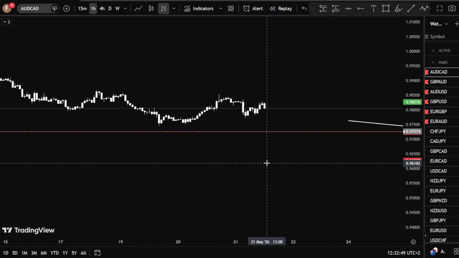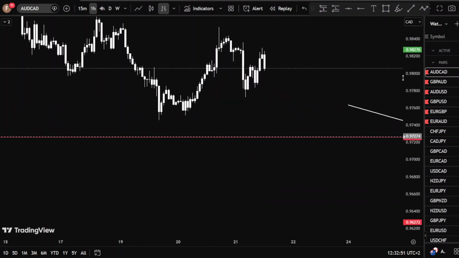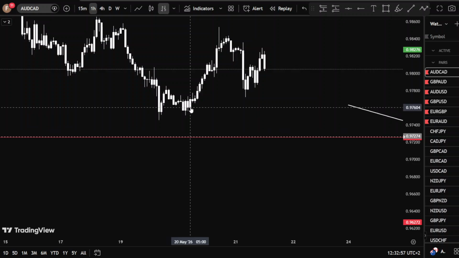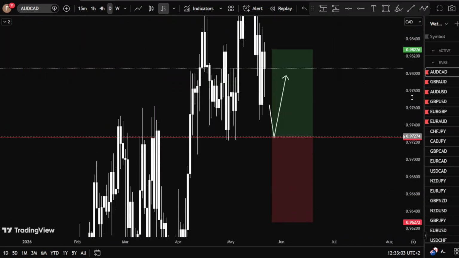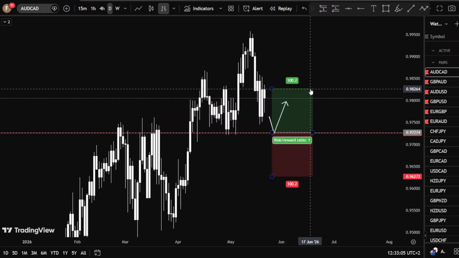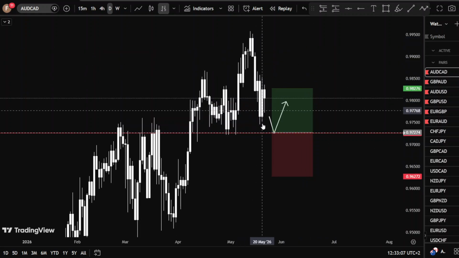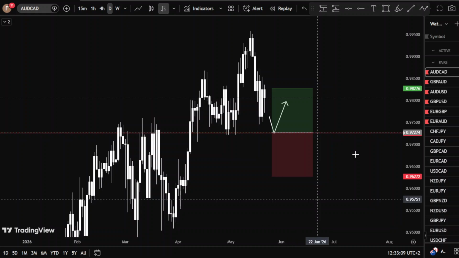Otherwise you could go to the 1 hour chart and see, for example, if the price was down here, you can see it starts to slow down, and once you see it starts to go up, then you can enter the trade.